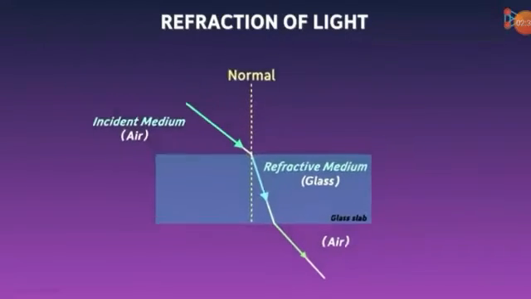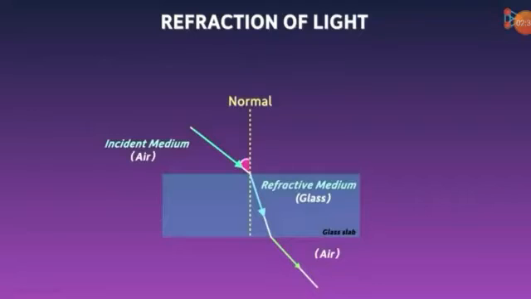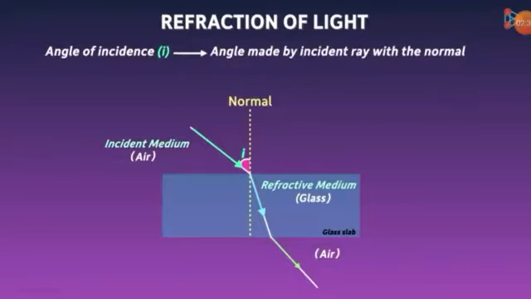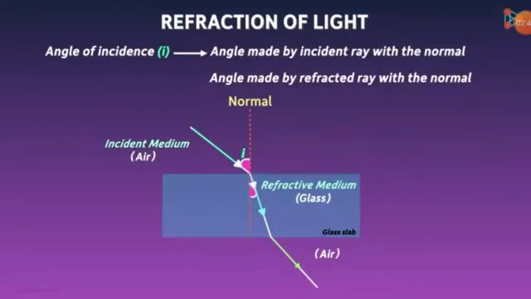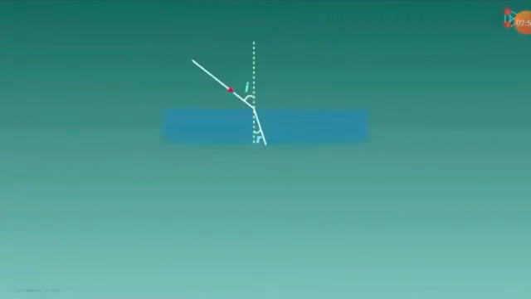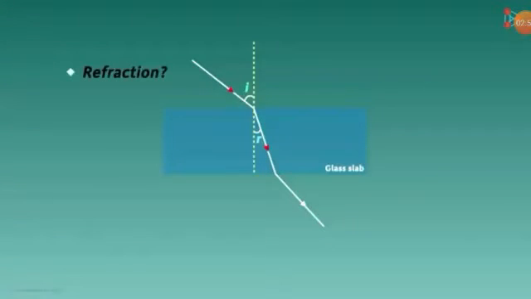If we first draw a normal, we can see how much it bends and the angle it creates. In the incident medium, the incident ray makes an angle with the normal. The angle made by the refracted ray with the normal is known as the angle of refraction, and it is denoted by small r.